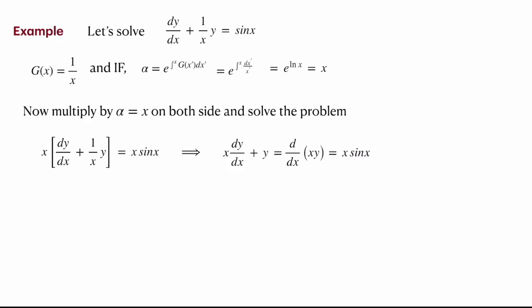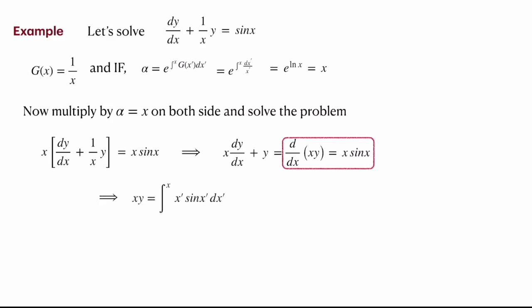After multiplying and simplifying, we have x dy by dx plus y is equal to x sin x. Since this is an exact differential, we can write it as d by dx of x times y, and then we can simply integrate it over.